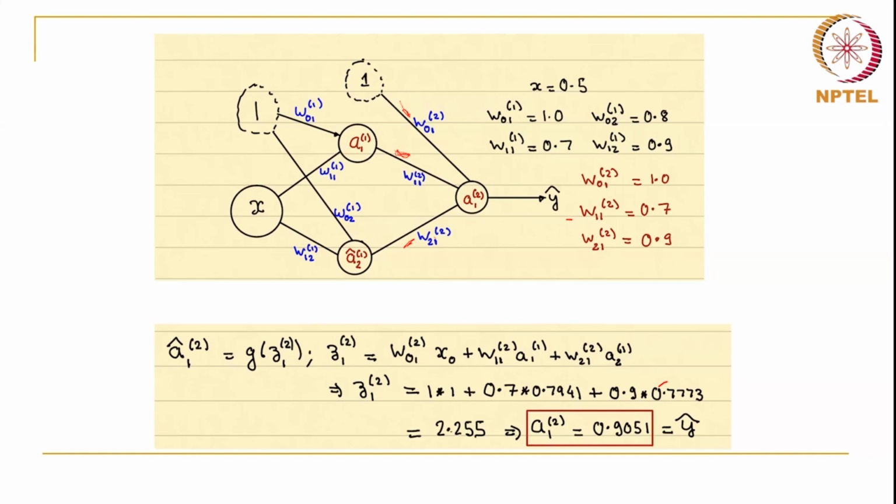So this gives us Z equal to 2.255, and the activation is now 0.9051, which you get by taking sigmoid of 2.255. Okay, so 0.9051. This is ultimately y hat.